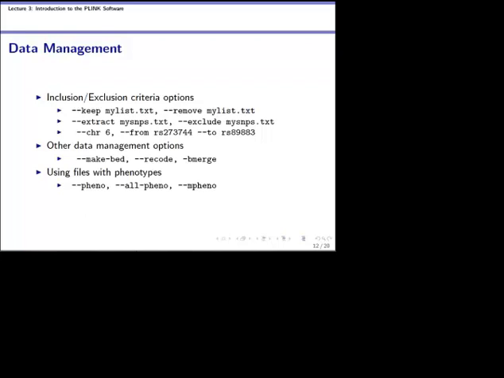Recoding is often useful as well. When we get data, you get genotype calls, for example AA, TA, or GG. But let's say you want to recode these data into 0, 1, 2 format. You can easily do that.